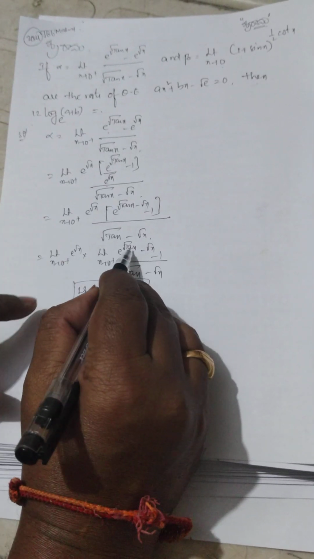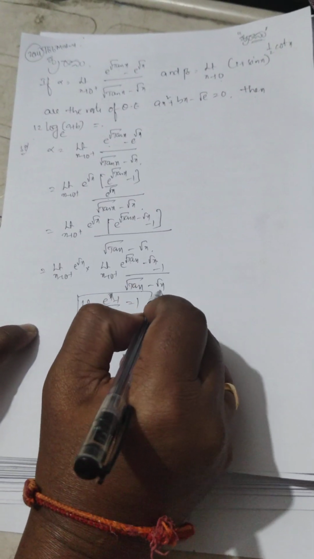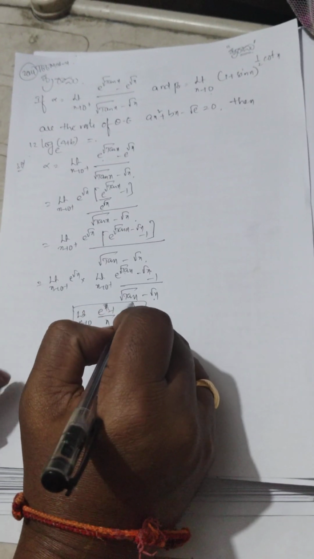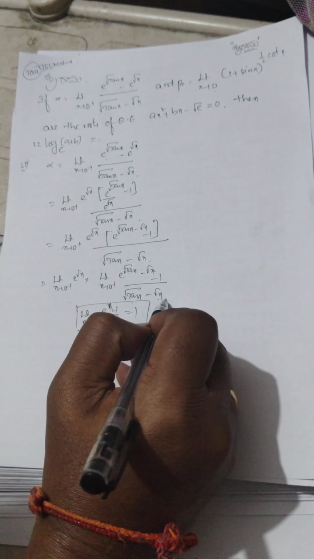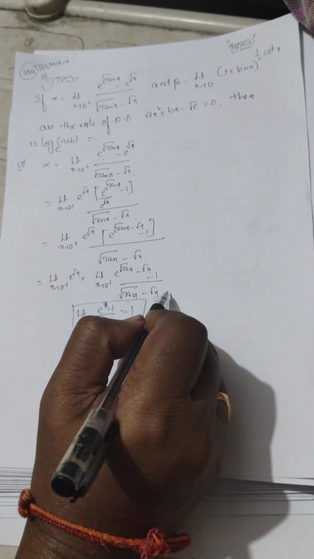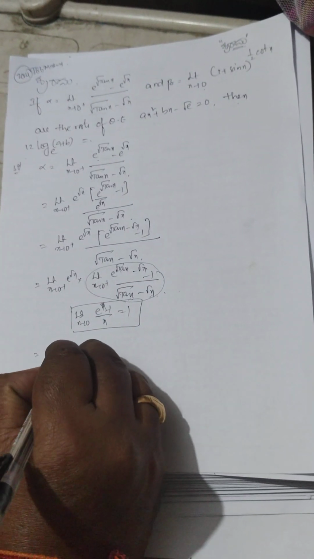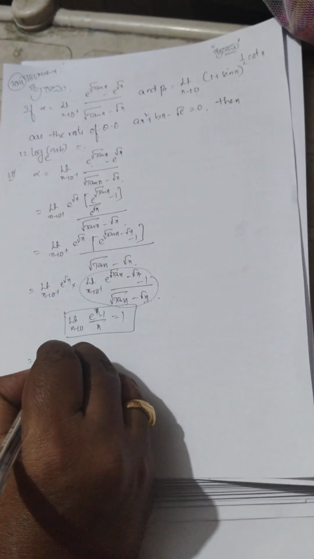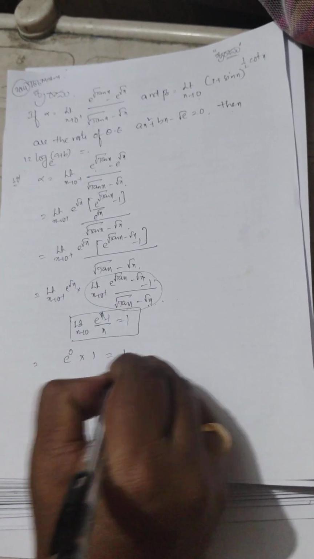In the same way, in the place of x it will be root over tan x minus root x, which also tends to 0, because root over tan 0 is 0 and root 0 is also 0. So this whole value will become 1. Now e power root x, substituting x equal to 0, becomes e power 0, which is 1. So 1 into 1 is 1. Therefore the alpha value will be 1.